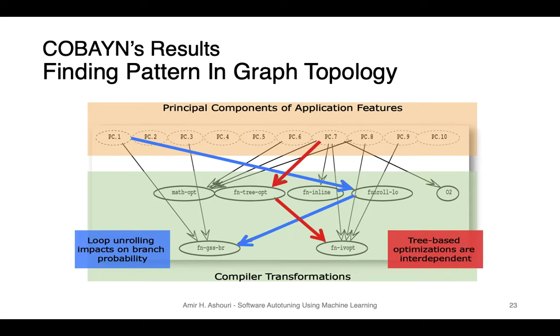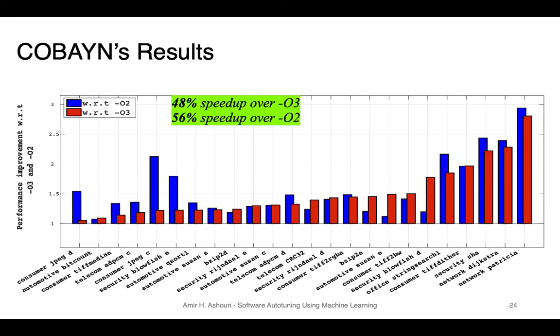So I could generate this for all the applications, and when I was sampling, this would lead us to a significant speed up over my data set, a data set of around 24 applications from Cbench, and I also used another benchmark called Polybench. These results have been sorted by the performance improvement over optimization O3.